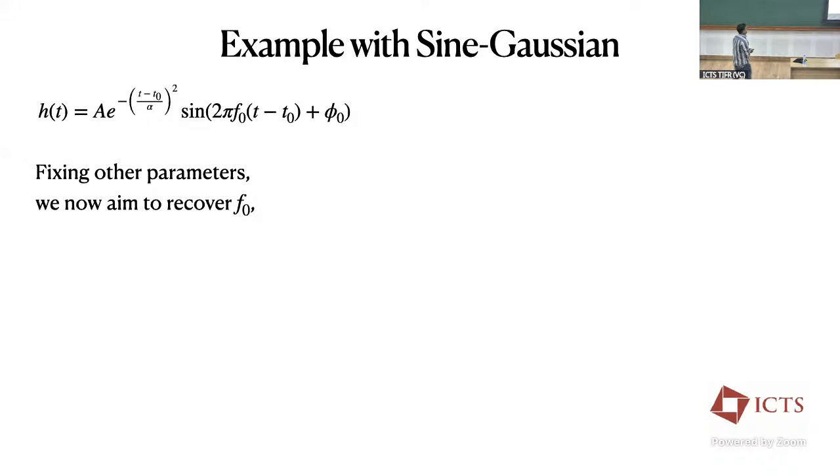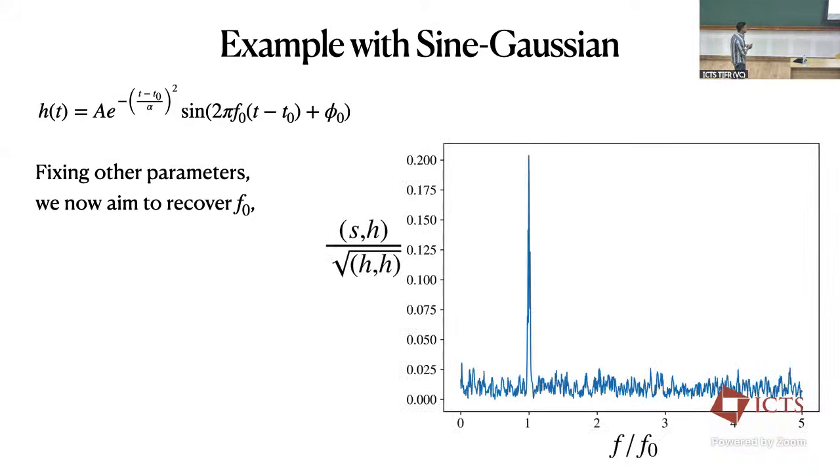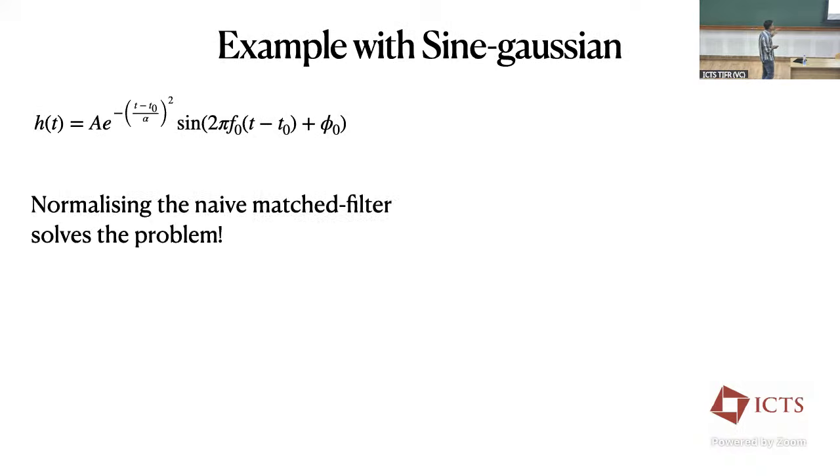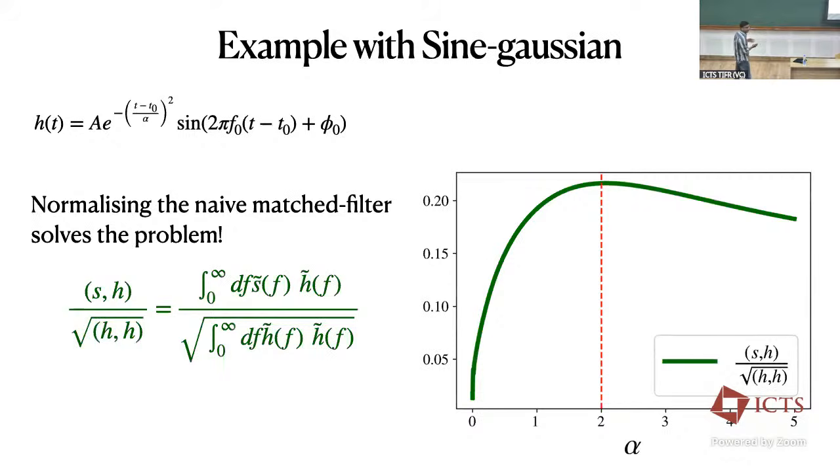Now, we fix all the other parameters and do the same exercise to recover the F naught. Now we calculate the correct matched filter and you see the sharp spike. So this is F by F naught, so you should see the spike at around 1. And note the discriminating power of matched filtering between amplitude modulation and the phase modulation. When we are changing that alpha, we are barely having a particular peak.